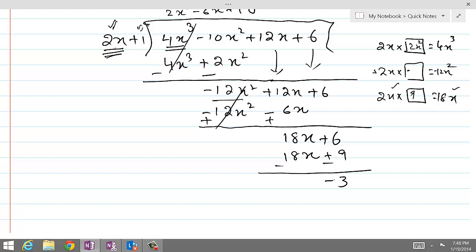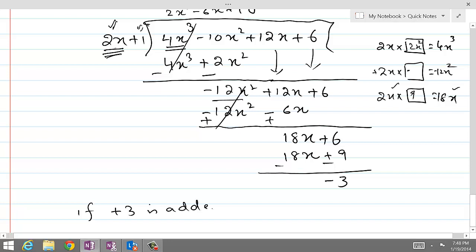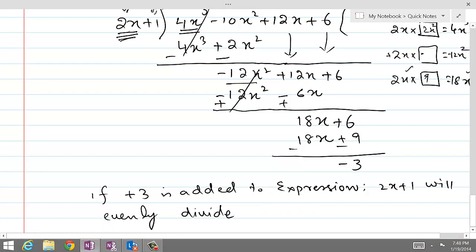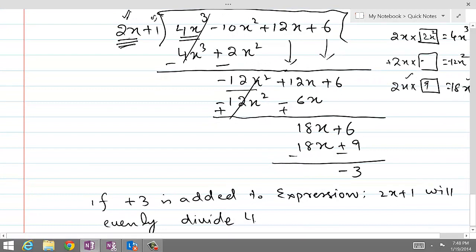So therefore we say if plus 3 is added to the expression, 2x plus 1 will evenly divide that 4x cubed minus 10x squared plus 12x plus 6.